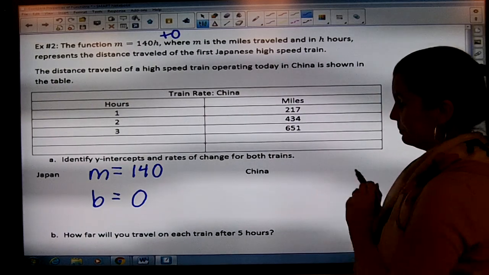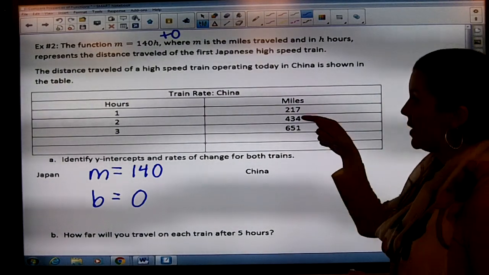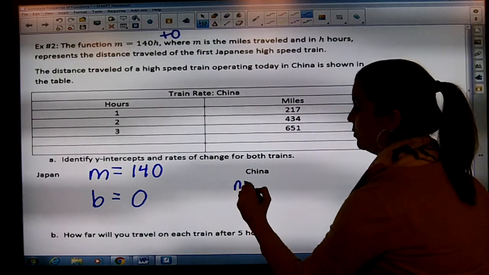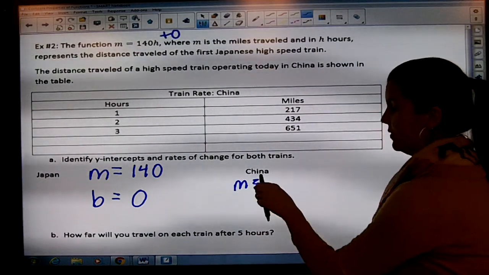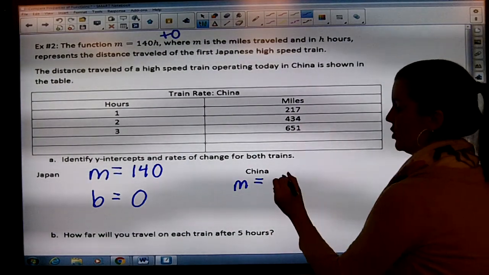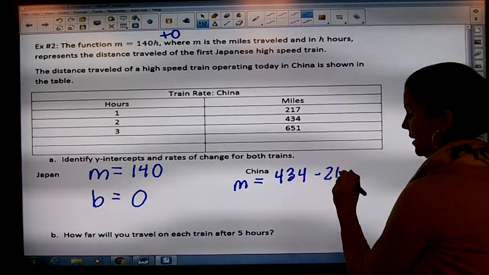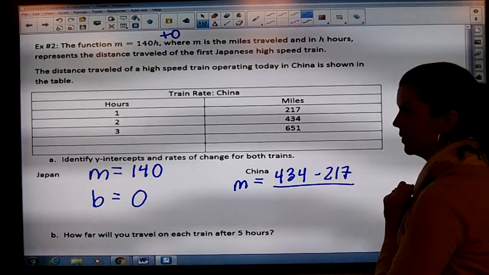And for China, we have to calculate the y-intercept and rate of change. Well, we can calculate the rate of change. That's the slope formula. Pick any 2 points to find the slope. And I'm going to choose the first two. 434 minus 217. I'm subtracting my y values.